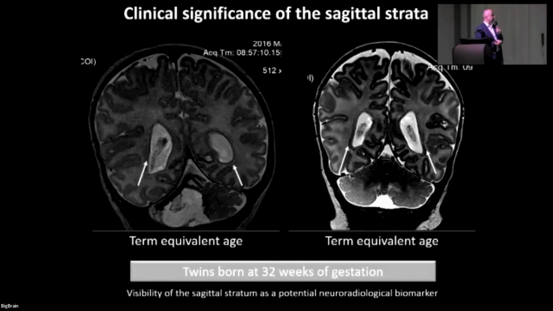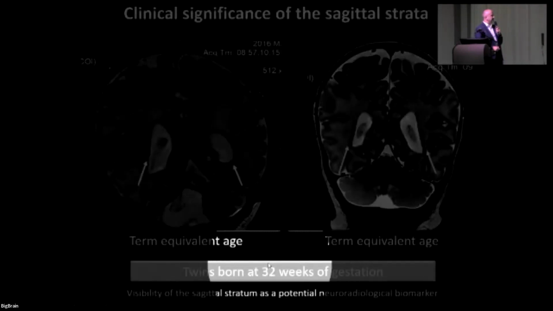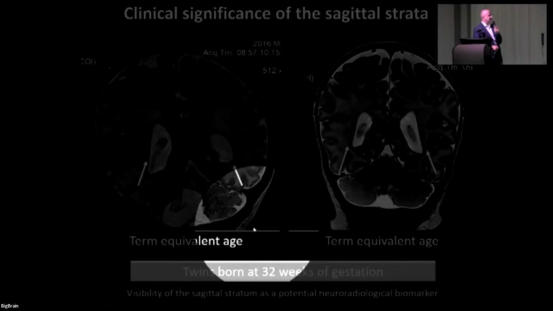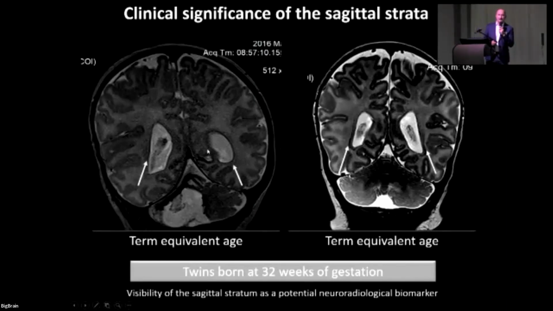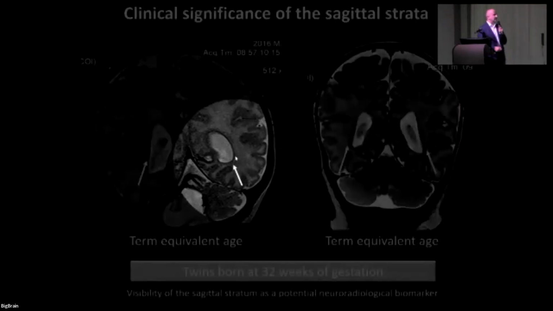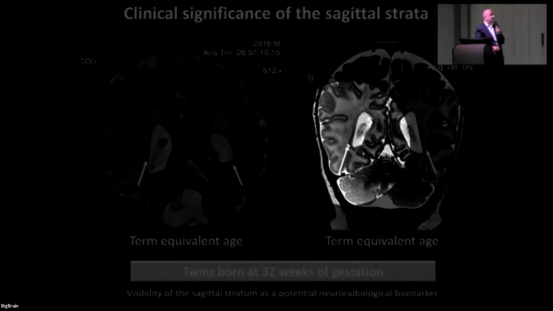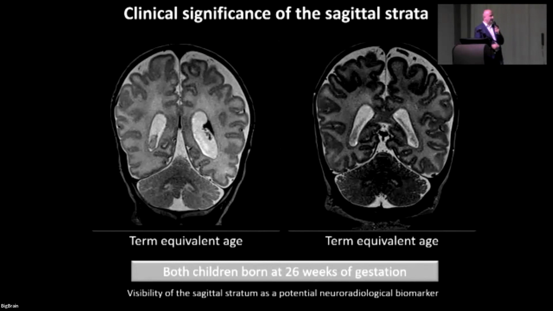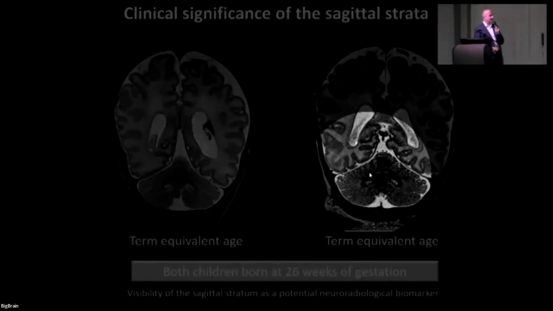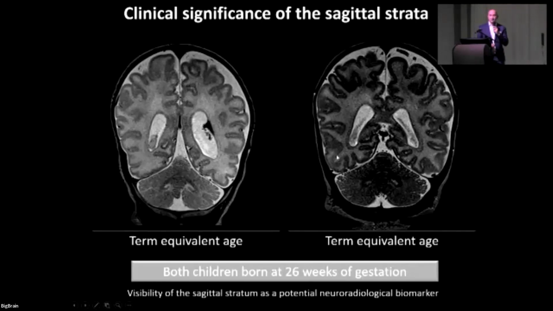We noticed, for example, when we have twins born on the same day, that the one with less visible sagittal strata will have a worse clinical outcome, while the other with clearly visible sagittal strata will have a good clinical outcome. That also works for extremely early preterm babies when you expect some kind of clinical complication.